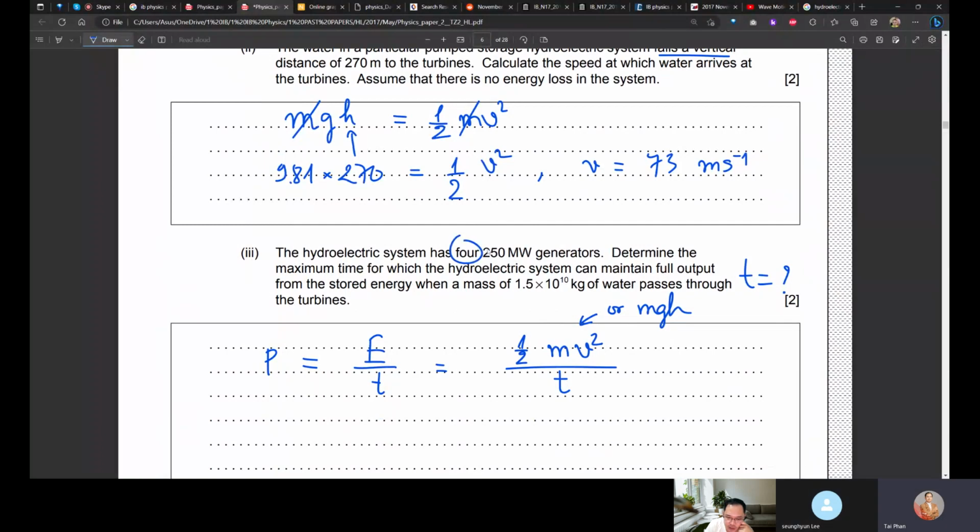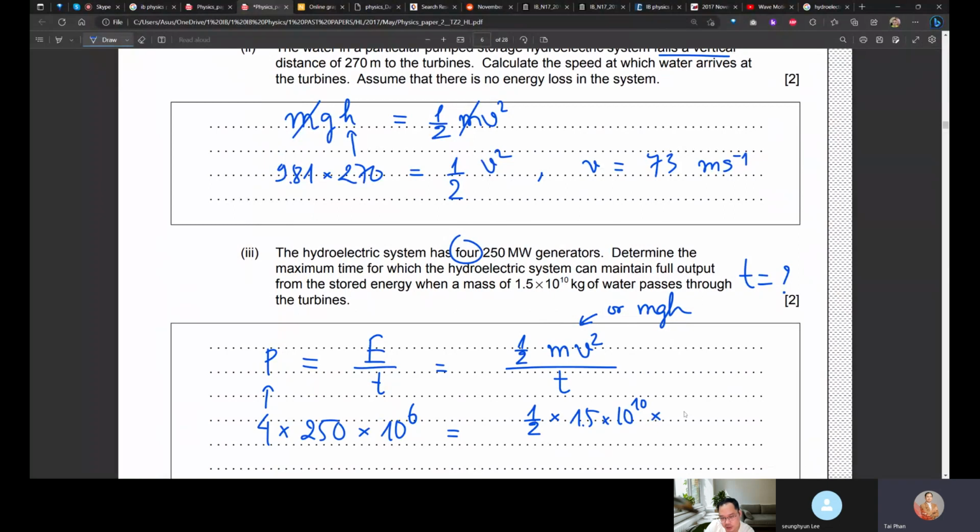The power is 4 times 250 megawatts, so we need to convert that into watts by multiplying by 10 to the power 6. The mass is given there, 1.5 times 10 to the 10 kilograms, trillion tons of water.